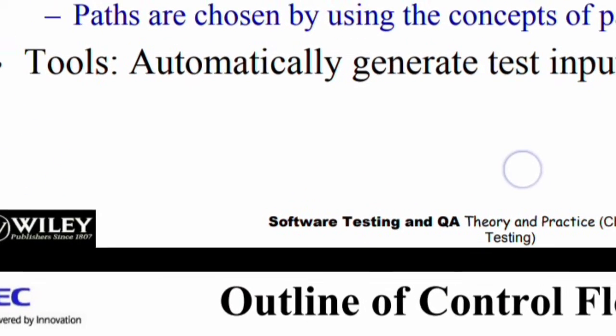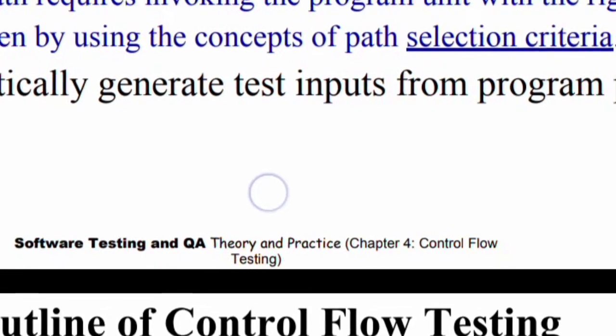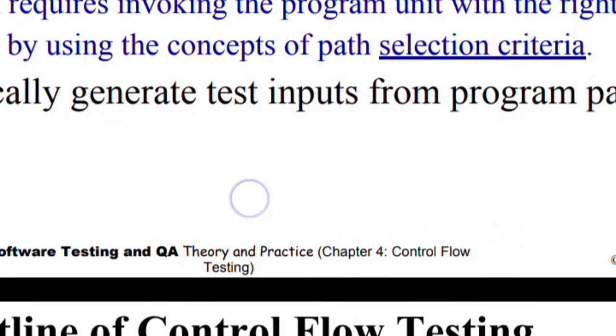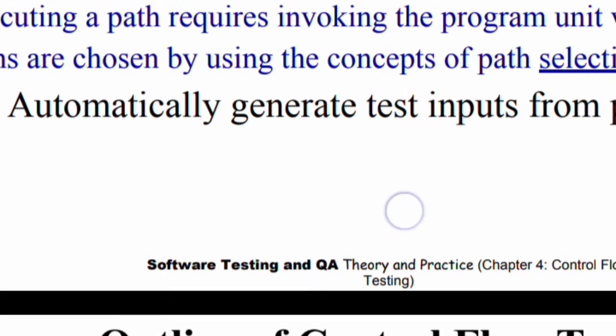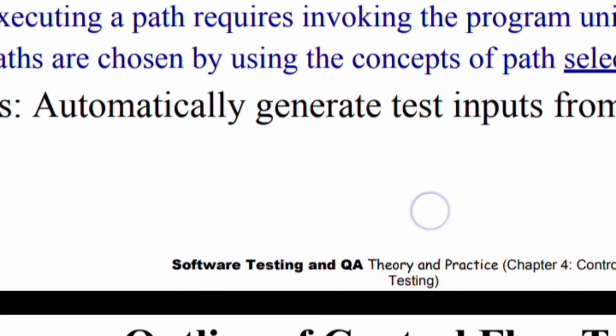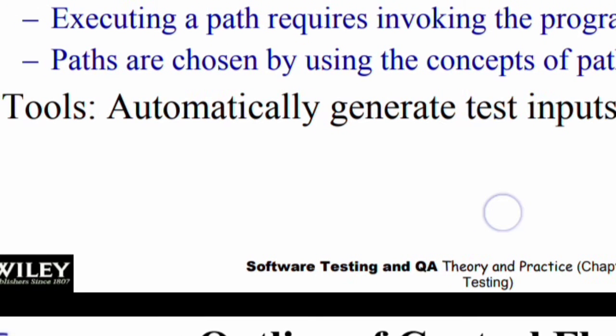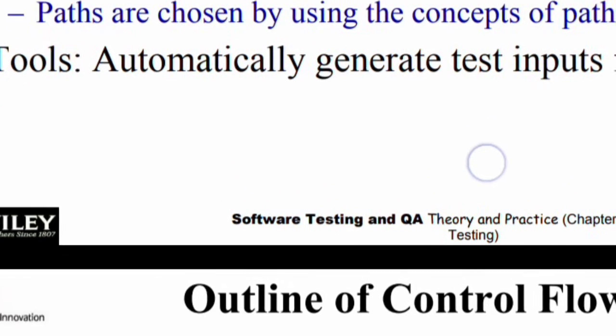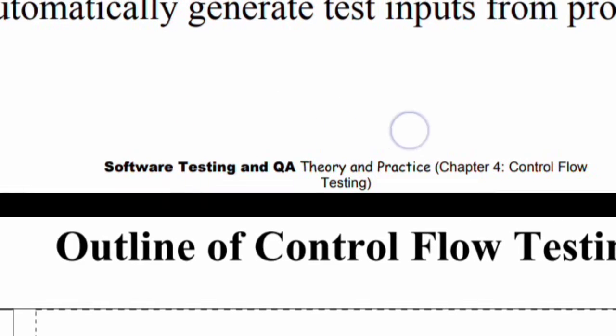Program path. A program path is a sequence of statements from the entry point to the exit point. There can be a large number of paths in a program.